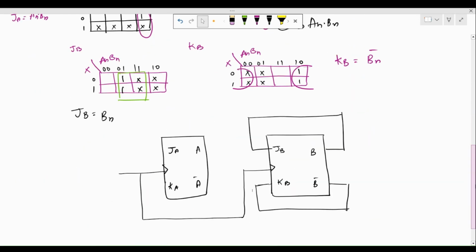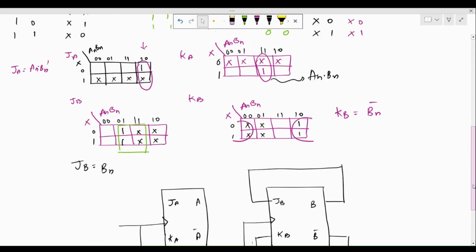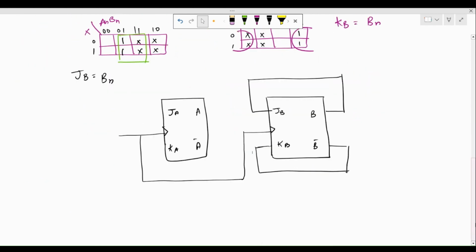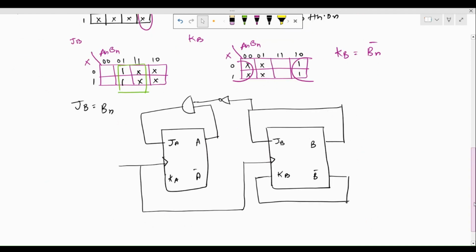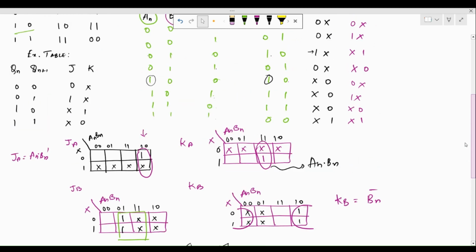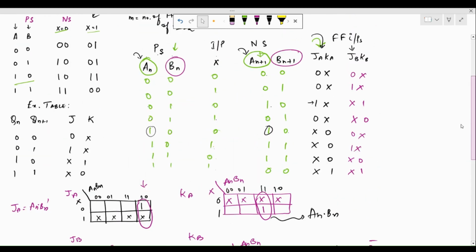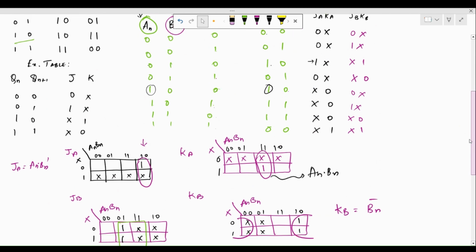Moving on to JA, the expression for JA is AN BN bar. So we will require an AND gate over here. So if this is BN, I can actually put a NOT gate to avoid too many lines. And this is AN. So both of them ANDed together should be JA. Then we have the expression for KA is ANBN.